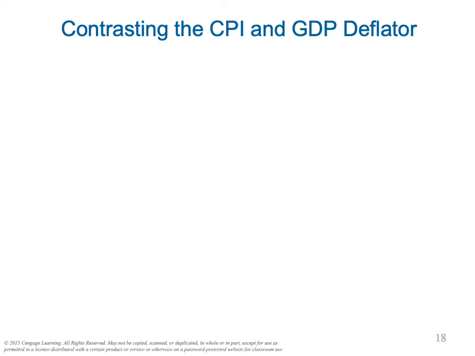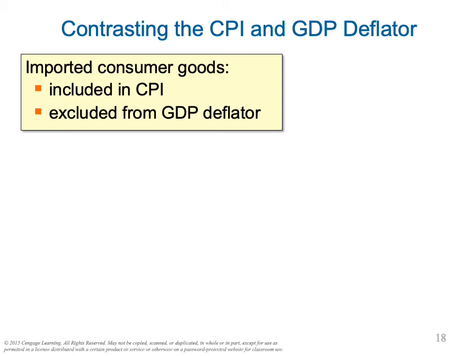All right, so just comparing these two price indexes, we can think about imported consumer goods. Imported consumer goods would be included in CPI, but they would be excluded from the GDP deflator since they are not made inside the country's borders. The GDP deflator basket is everything made inside the country's borders.